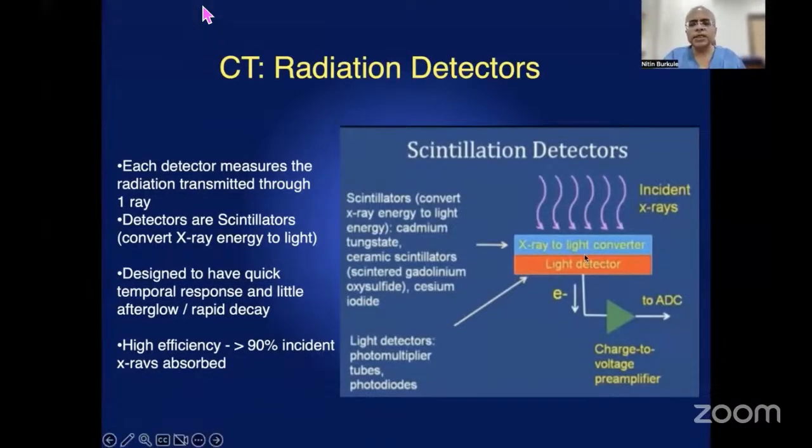That digital data carries the information from each detector about the attenuation value of that X-ray beam. These detectors are very quick in their temporal response to X-rays to create the light. They do not have afterglow and they decay rapidly, so that you get a very good analog signal.